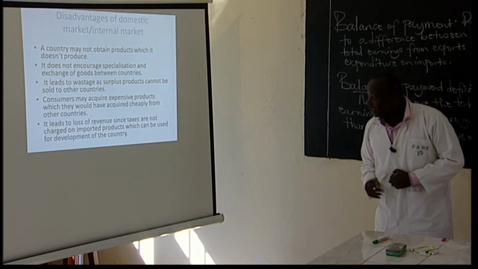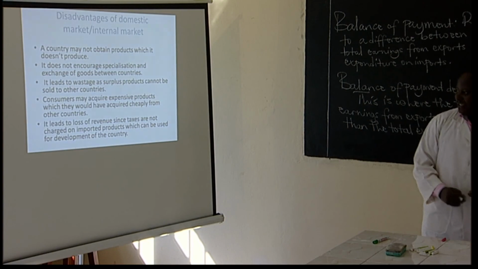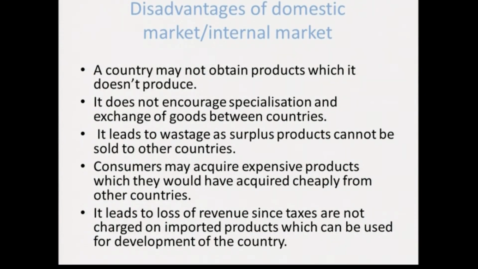The last disadvantage, it leads to loss of revenue, since taxes are not charged on imported products, which can be used for development of the country. Learners, in Unit 5, you will study about taxation, about taxes. One of the types of taxes is what we call custom duties.